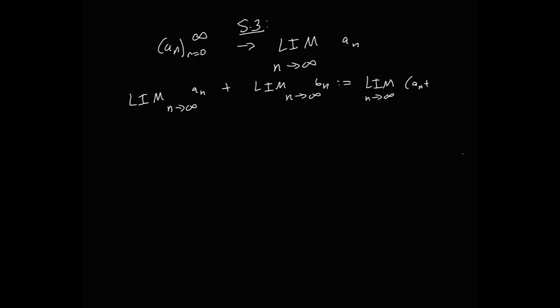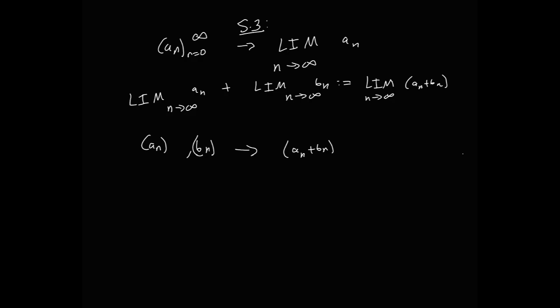That's the definition. Now, what you can show is that if an is a Cauchy sequence and bn is a Cauchy sequence, then an plus bn is a Cauchy sequence. So it's nicely well defined, and you can do all that cool stuff.